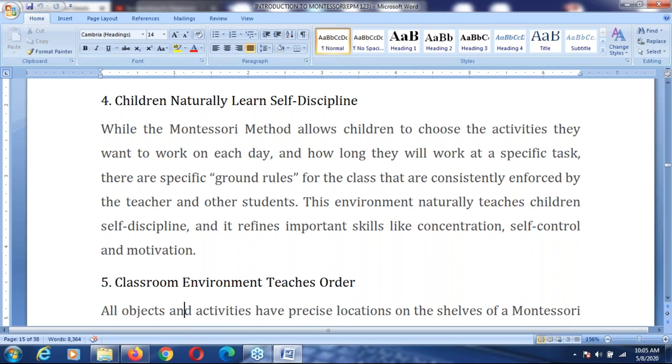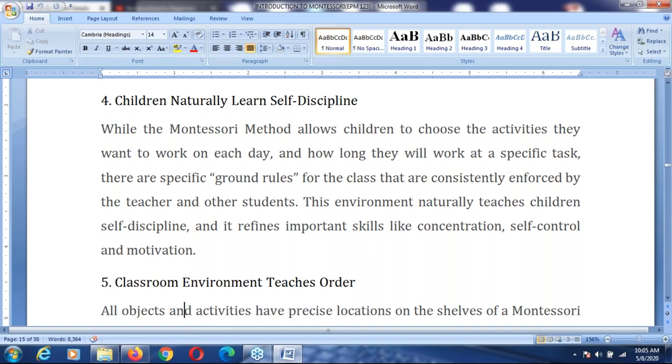So Montessori education allows children to choose activities of their own interest and explore them independently to discover new knowledge, and obey ground rules which follow each activity. These ground rules are consistently enforced by the teacher and the older students, who are there to exercise their leadership skills.